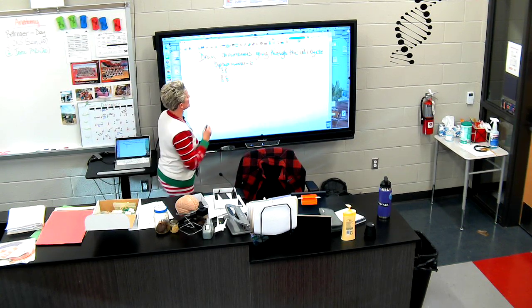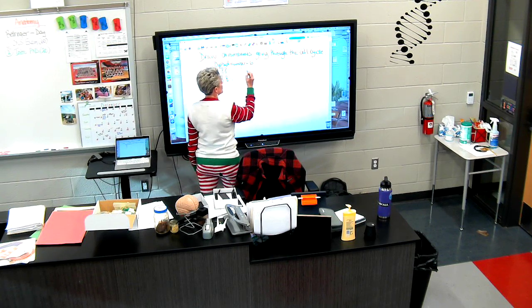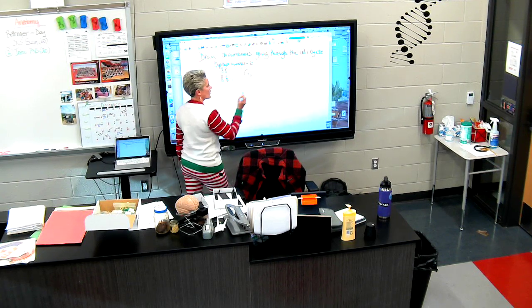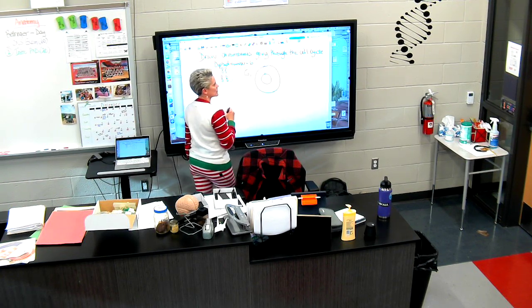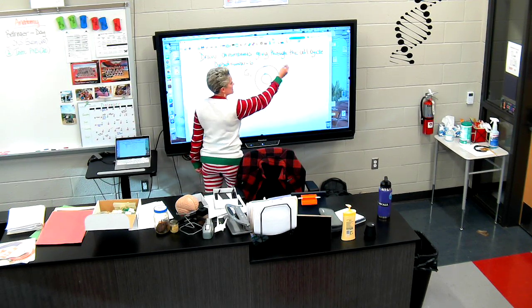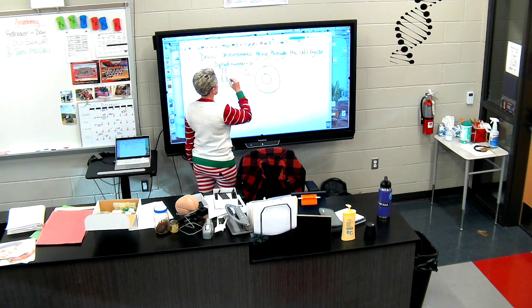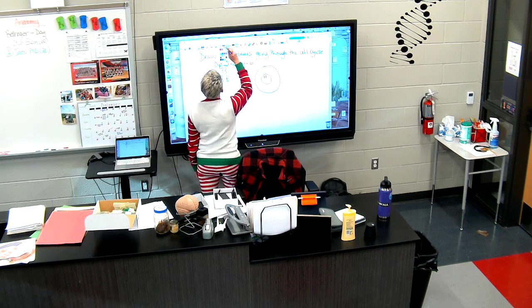What you're going to do is show me what's happening to these chromosomes during G1. What does that cell look like? You're going to draw a cell. You're going to draw a nucleus because it has a nuclear membrane at that point. And I want you to label these things. Here's my cell membrane, here's my nucleus. And you're going to show these inside this cell.